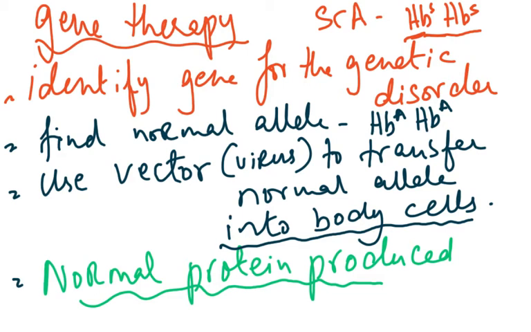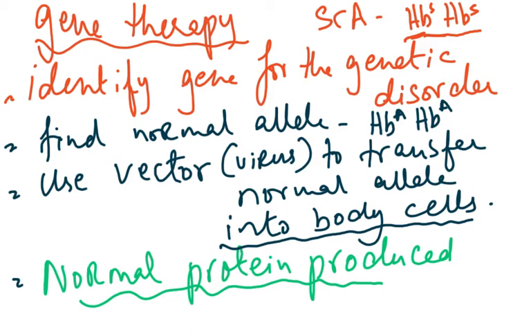So if we can introduce the normal allele for it, then the normal hemoglobin will be produced without the defective amino acid. So the person is not going to suffer from anemia. So in a way, we have found a cure.